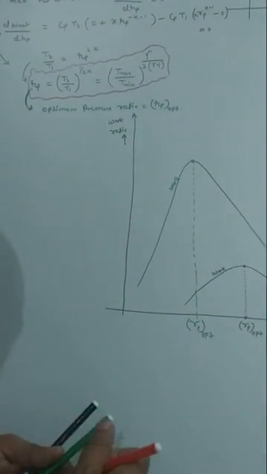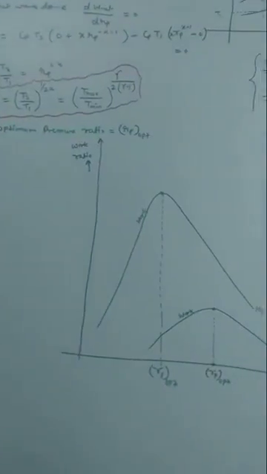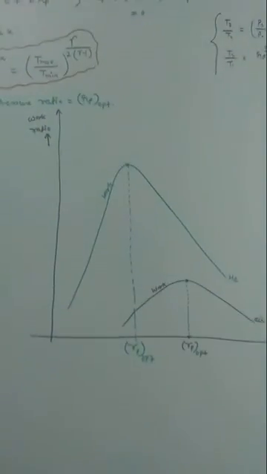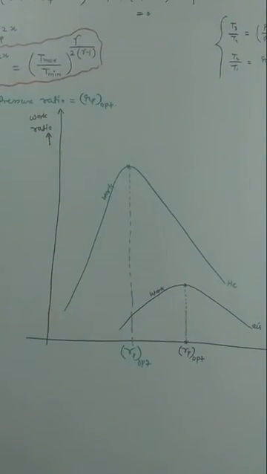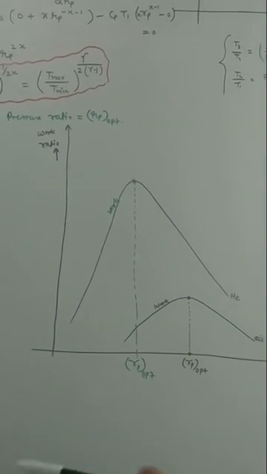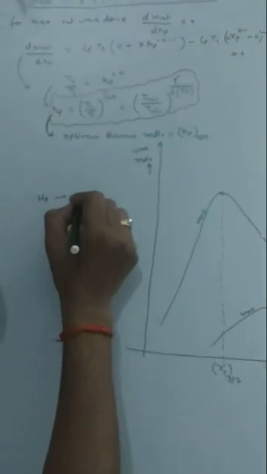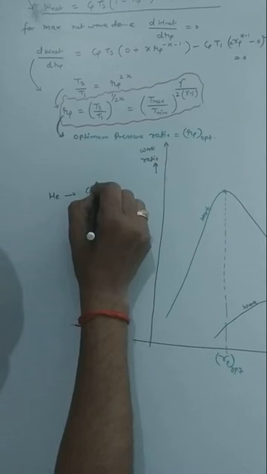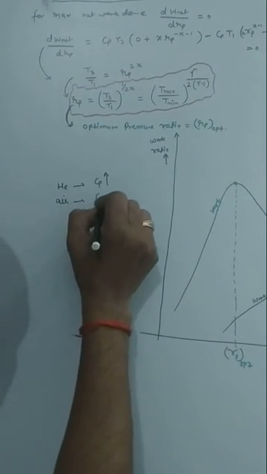It is because of the more desirable thermodynamic properties. Helium has a higher specific heat, Cp is greater compared to air. Air's Cp is lower.